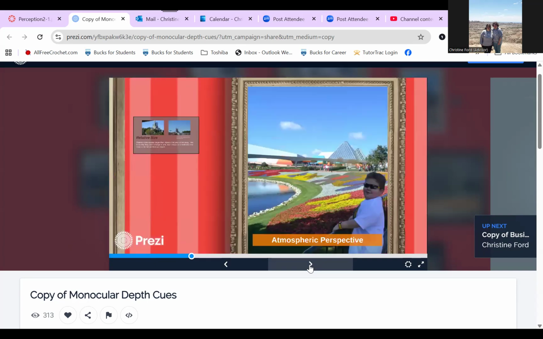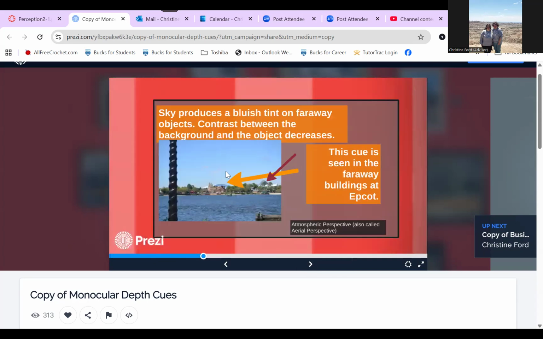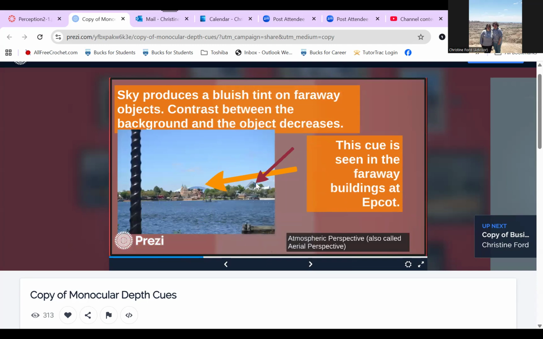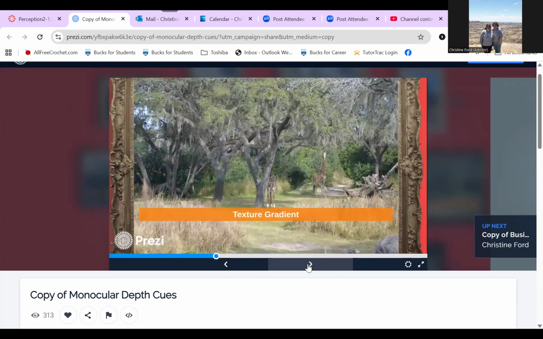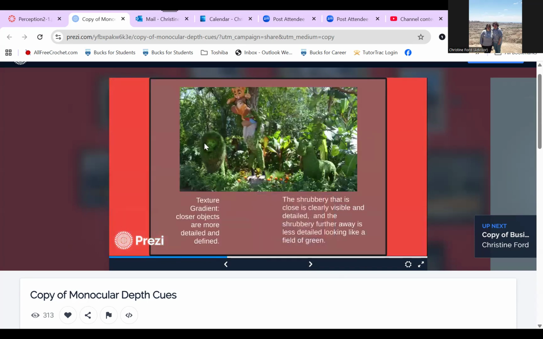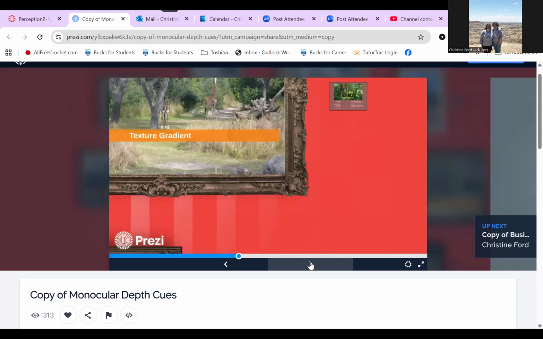The next one is atmospheric perspective, and I show the bluish tint on the buildings in Epcot as you're looking across the waterway. And then texture gradient, and we talk about how you can see the clear definition in the front, but as you look back at the shrubbery in the back, it is just kind of a green haze.